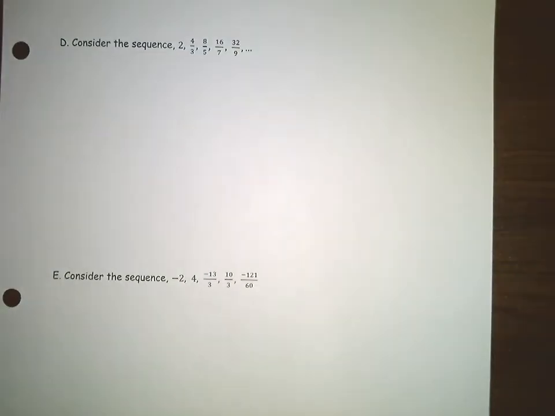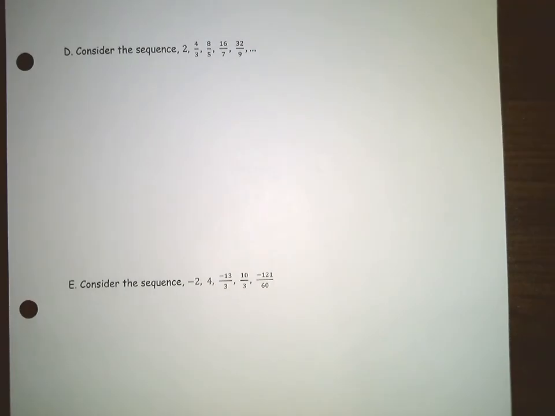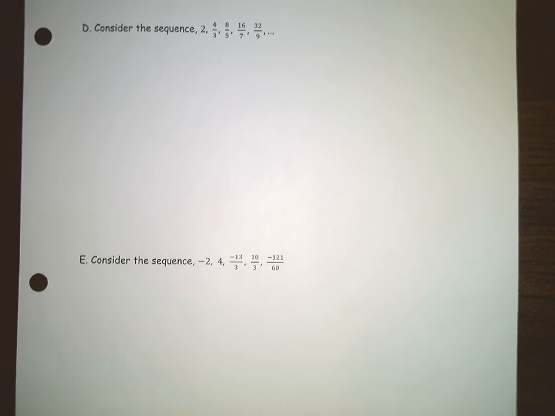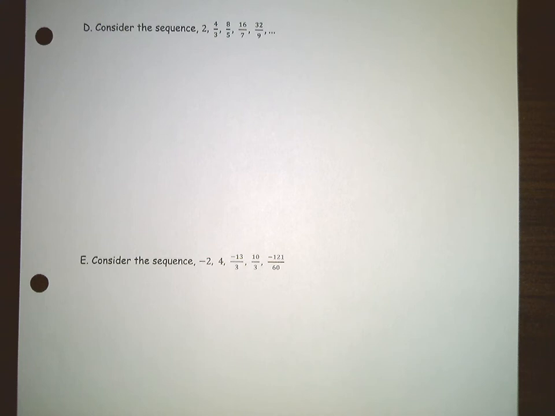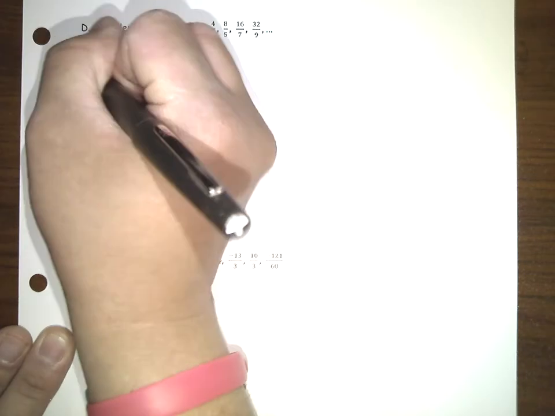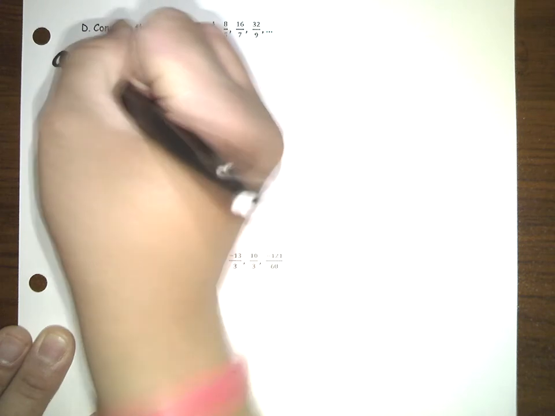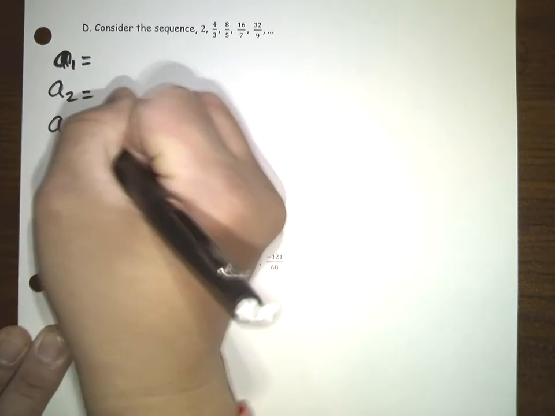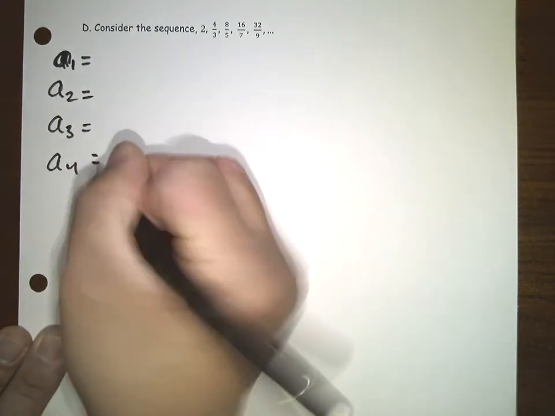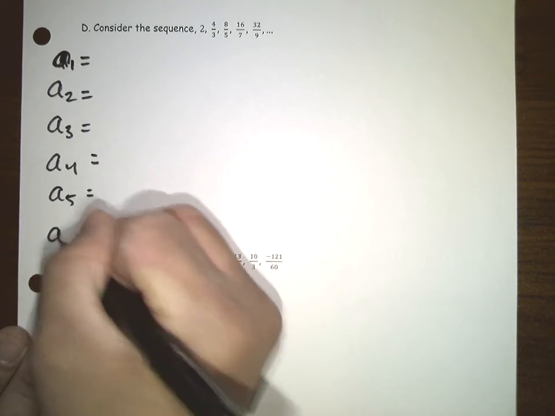Yep. All right. So now for the sequence 2, 4/3, 8/5, 16/7, 32/9, we need to figure out what the nth term is first. If I look at the numerator, I know that I have a1, a2, a3, a4, a5, and eventually I want to get to the nth term.